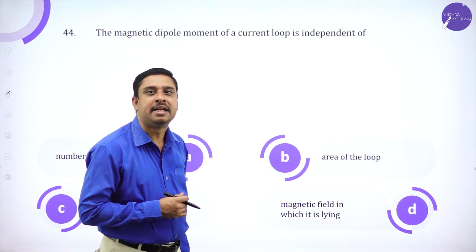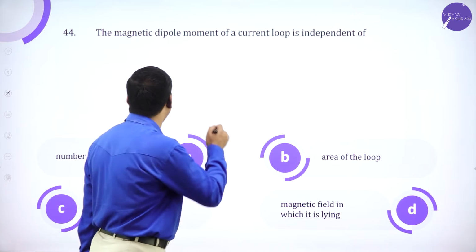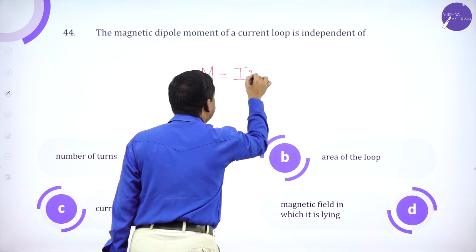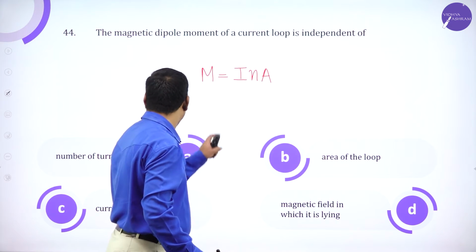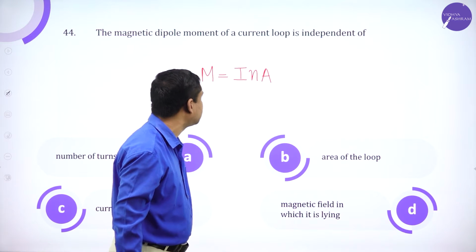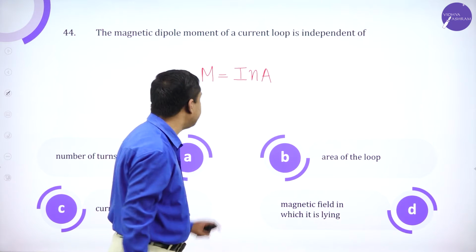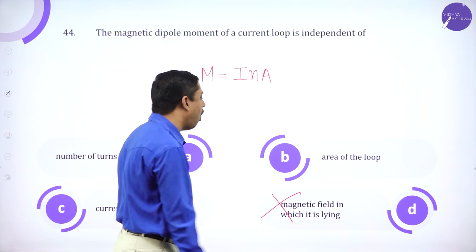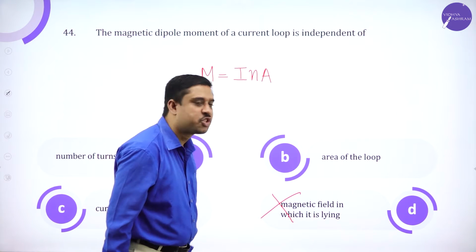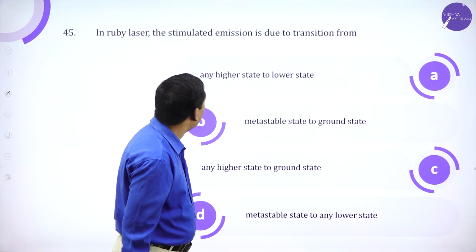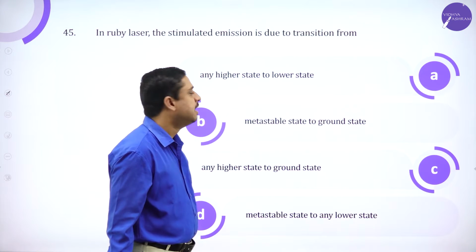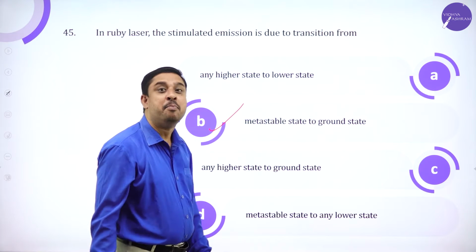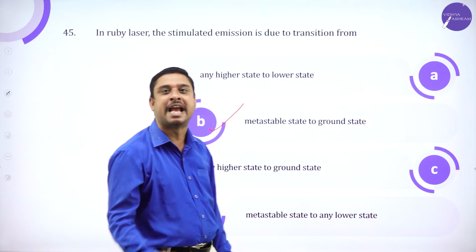Magnetic dipole moment is independent of what? Magnetic dipole moment is I, N, A. It depends on the number of turns. Yes. Depends on area. Yes. Depends on current. Yes. It does not depend upon the magnetic field in which it lies. Ruby laser, previous syllabus again. Stimulated emission is due to transition from metastable state to ground state.